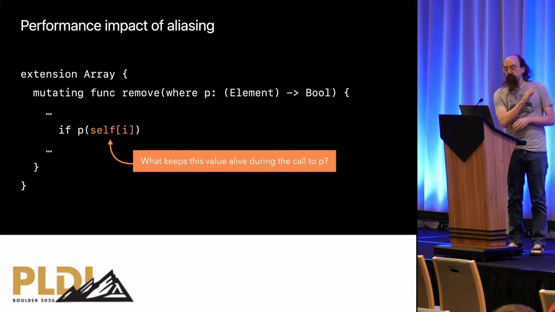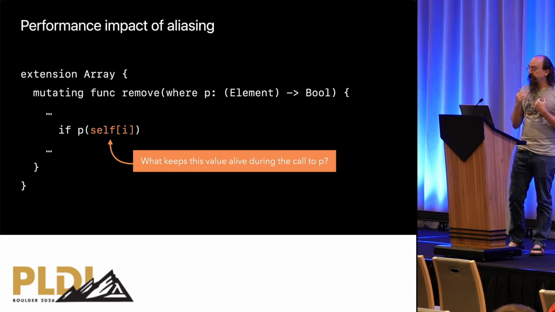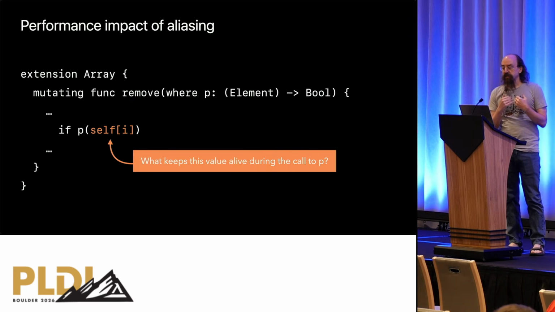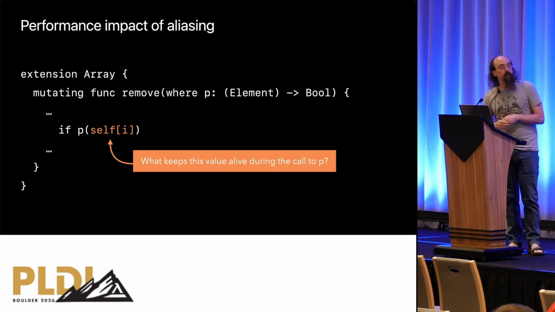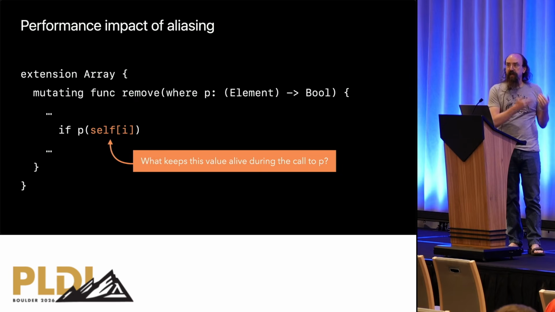It's also really bad for performance. If it's legal to alias like this, maintaining memory safety means giving up on a lot of important optimizations. For example, when we're passing self at i to the closure here, we really don't want to have to copy the element out of the array just to pass it. But if the closure can mutate the array, it can invalidate this element, which would mean that just borrowing the element out of the array naively like this would potentially leave the function in a state that is no longer memory safe.